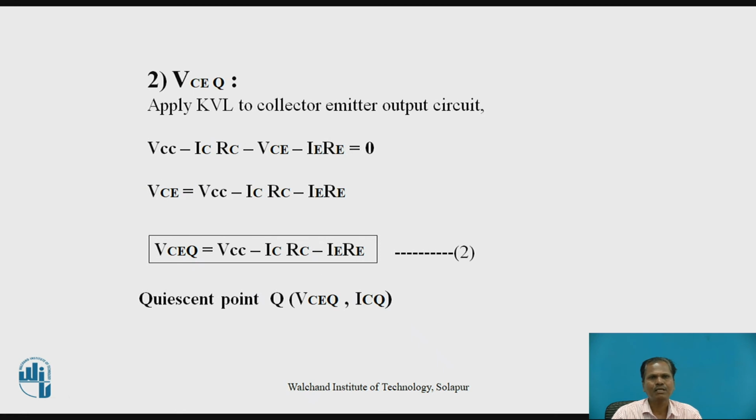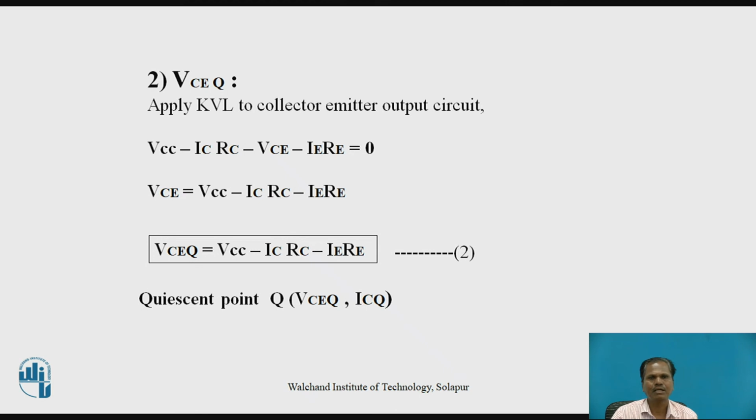Now let us go for the equation for VCQ. Apply KVL to the collector emitter output circuit of the common emitter amplifier. Starting from VCC, let us go in anti-clockwise direction. VCC minus IC RC, the voltage drop across collector resistor RC, minus the voltage between collector and emitter, minus the voltage appearing across emitter resistor RE, equal to 0. So this can be written as collector to emitter voltage VCE equal to VCC minus IC RC minus IE into RE.